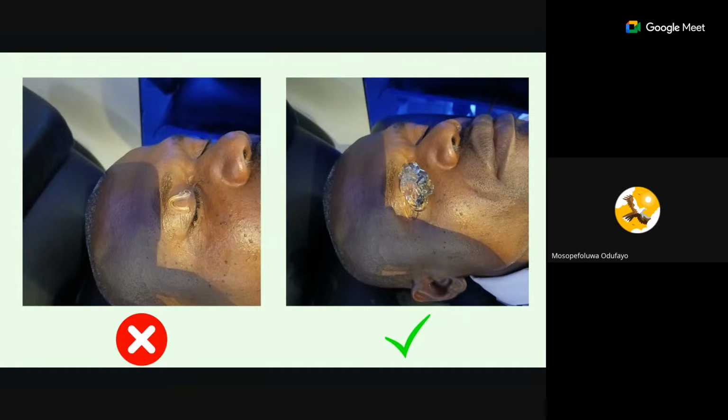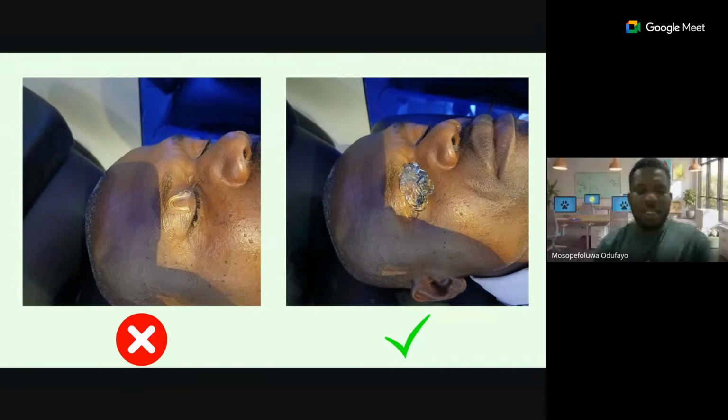It's very important. The reason why we apply this gel very generously, which you would also see me demonstrate in the video tomorrow, is that when you are placing your linear probe on this client, number one, you don't want to mount pressure on the globe. Why? You don't want to cause pain or discomfort or rupture the globe.